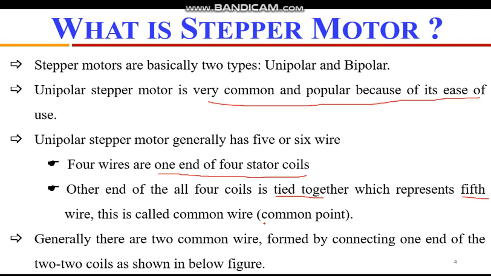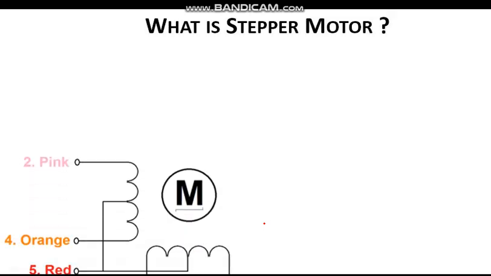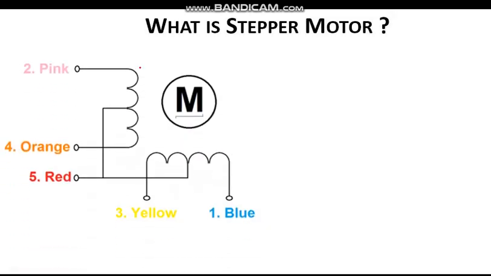Generally, there are two common wires formed by connecting one end of two sets of coil, and then they are combined together as is shown in figure. So here you can see in the diagram. Here we have coil number 1, coil number 2, coil number 3, and coil number 4.